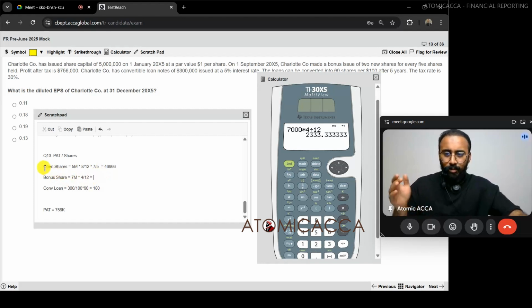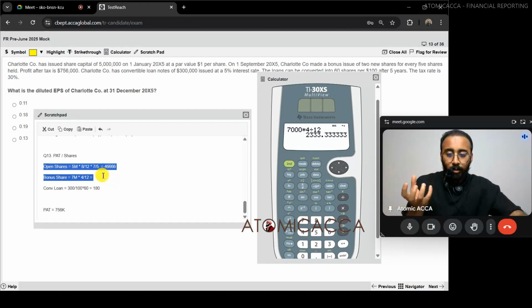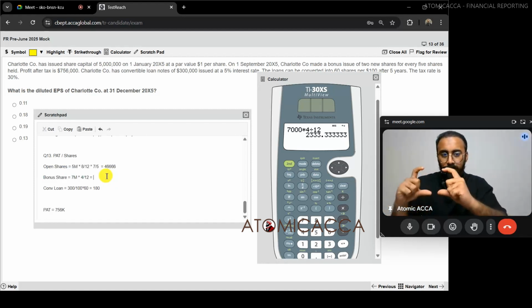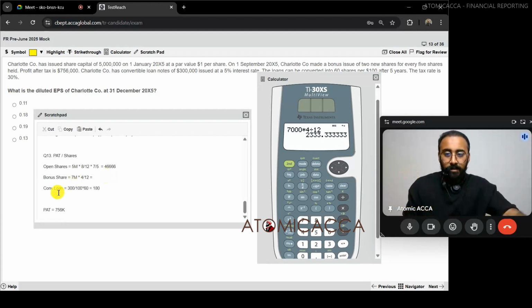So 7 million will be there at the end of the year. Plus the convertible loan shares, 180,000. The total shares in the denominator will be 7 million plus 180,000, that is 7,180,000, 7.18 million.